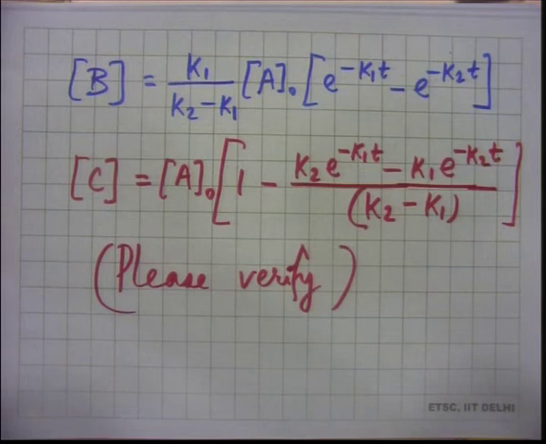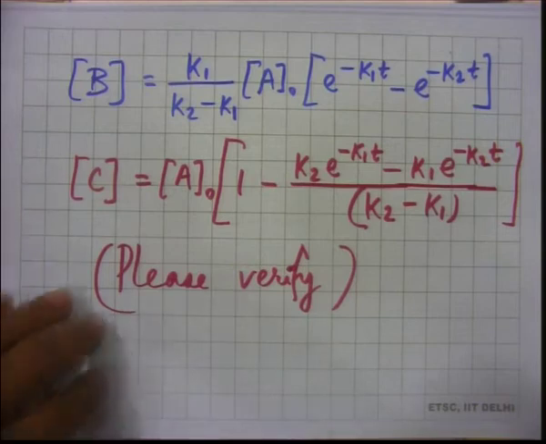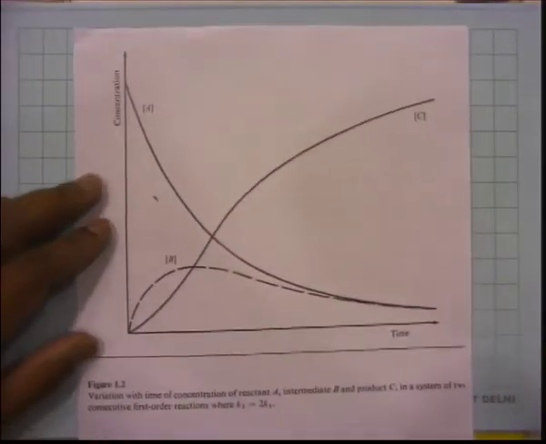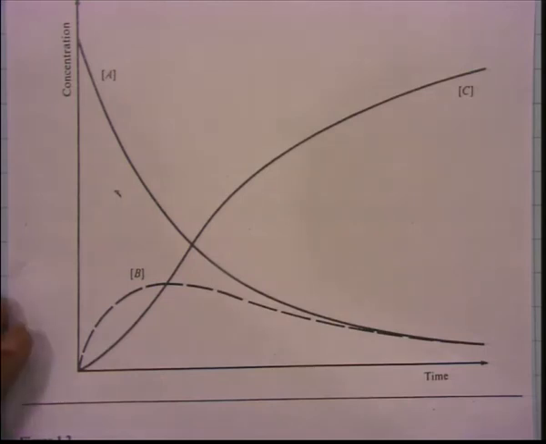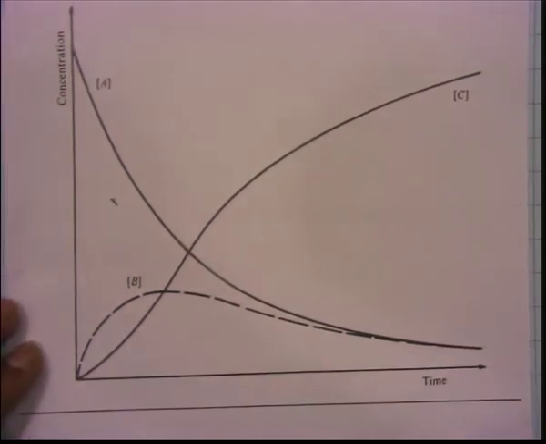And we will look at again some plots. This is concentrations as a function of time, for these consecutive first order reactions, A going to B, B going to C, and there are k1 and k2.